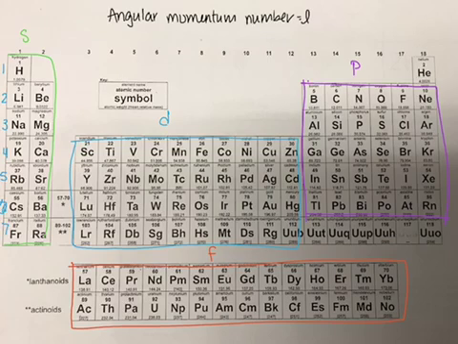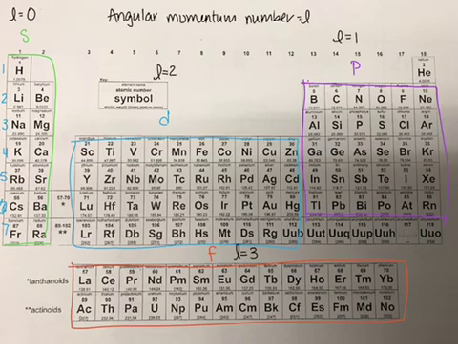So when we had an L of 0, it represented the S sublevel. When we had an L value of 1, it represented the P sublevel. The angular momentum number that corresponds with D is 2. Notice how I'm writing it over the areas where they are in the periodic table. And our last angular momentum number could be 3, representing the F block.